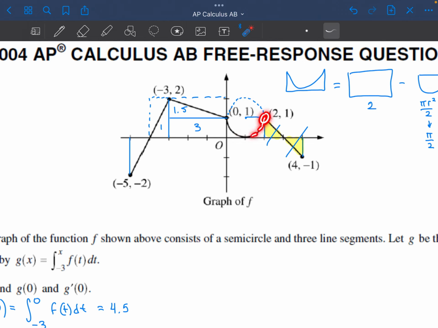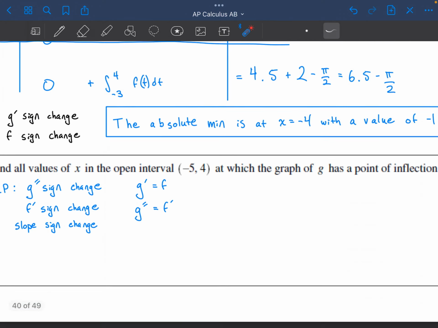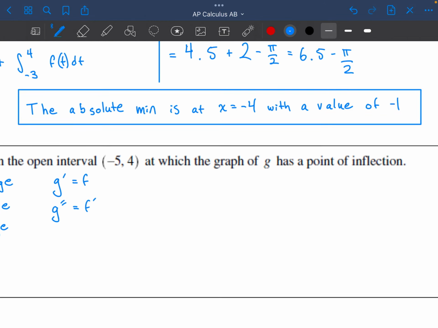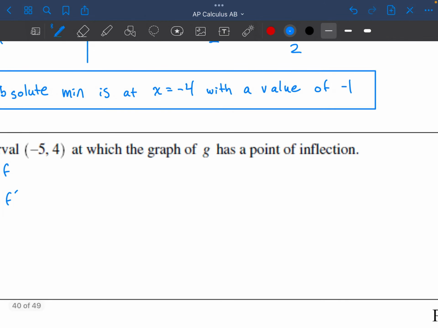So we're positive, positive, positive, positive, and then boop, right here at this 2, we switch from a positive slope to a negative slope. And it stays negative for the rest of it. So once again, slope change 3 different times at -3, 1, and 2. So we'll come down here and we'll say we have a G inflection point at x is equal to, I've already forgotten them.